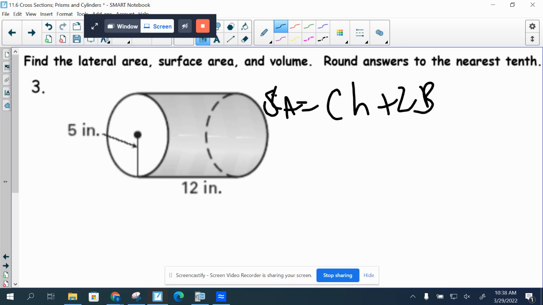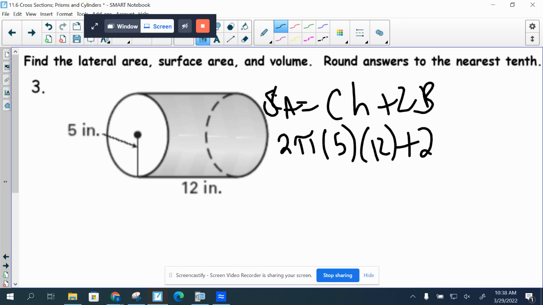The circumference here, we know the radius, we know the height, so that's easy. Circumference is 2 pi times r, which is 5, and then times height, which is 12, plus 2 times the area of the base, which is pi times r squared, where r is 5.